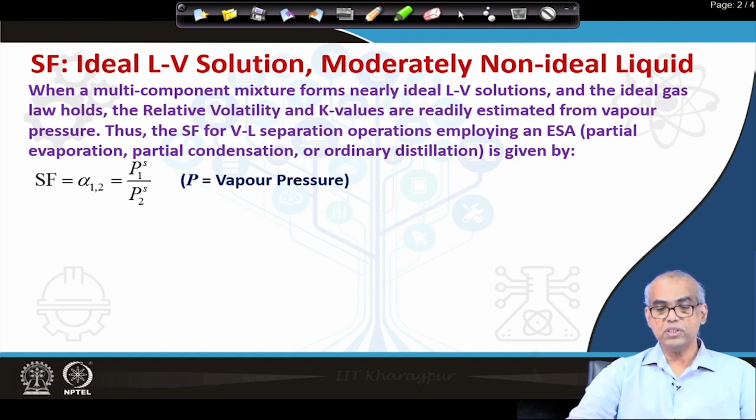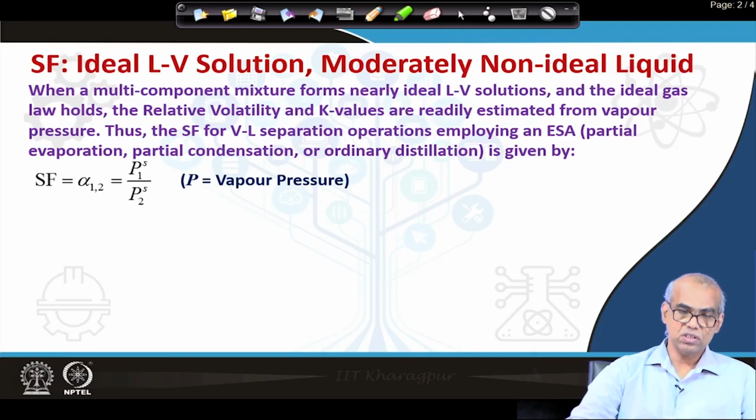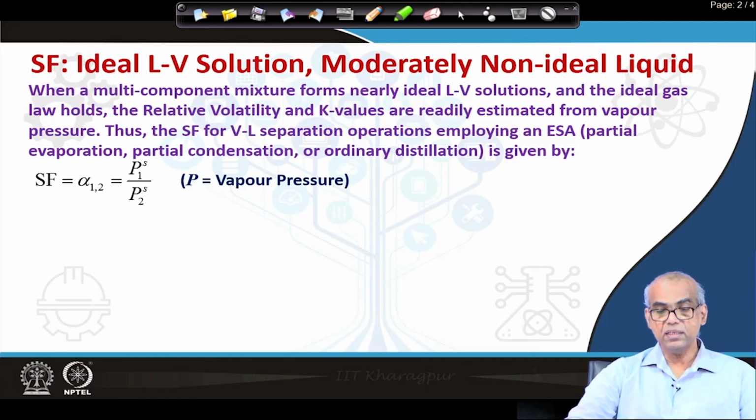When a multi-component mixture forms nearly ideal liquid vapor solutions and the ideal gas law holds, the relative volatility and K values can be readily estimated from the vapor pressures of the species involved.